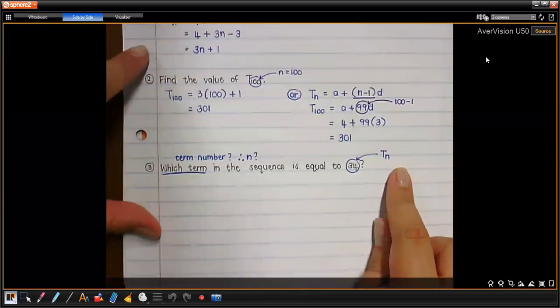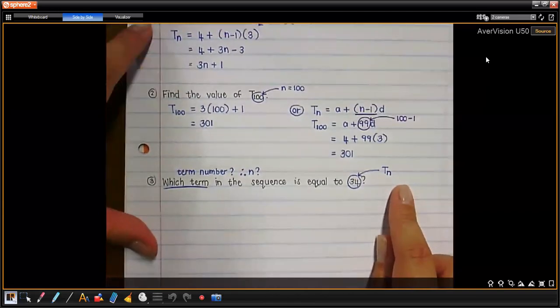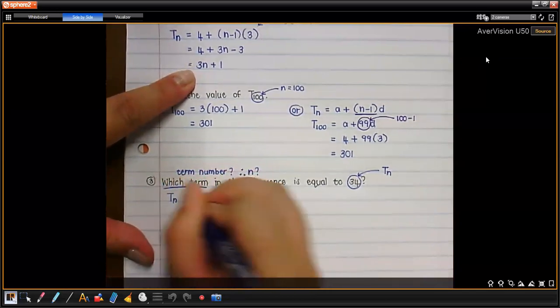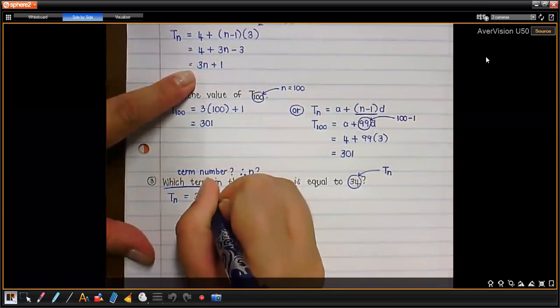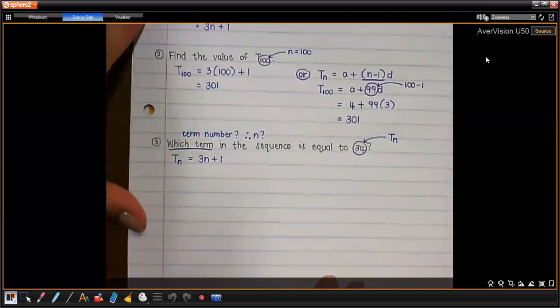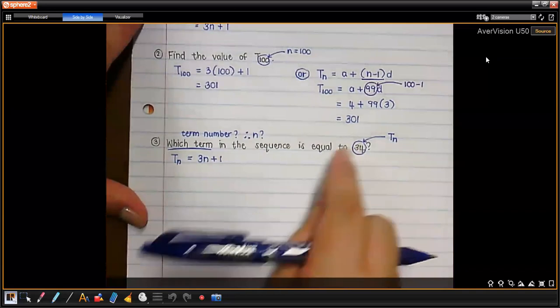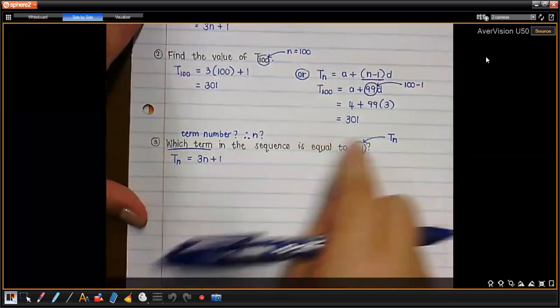All right, so the formula that we have for this specific number pattern is Tn equals 3n plus 1. Now I'm going to make 34 equal to Tn.